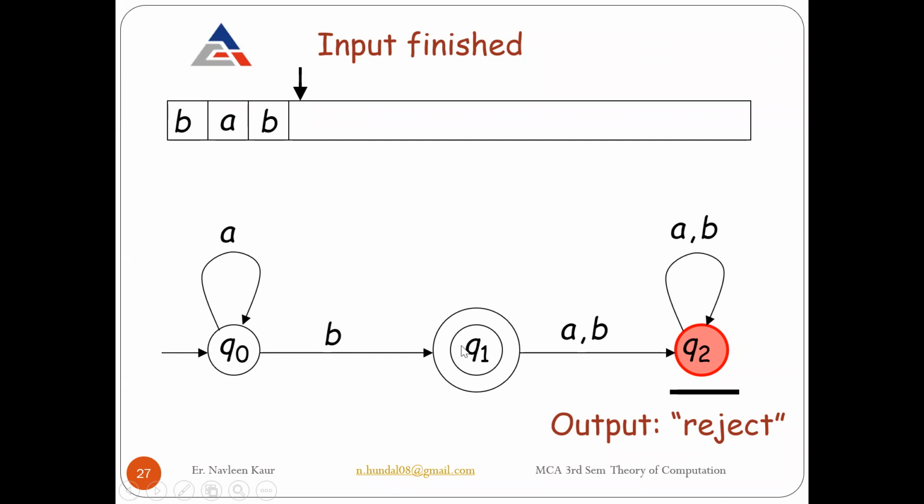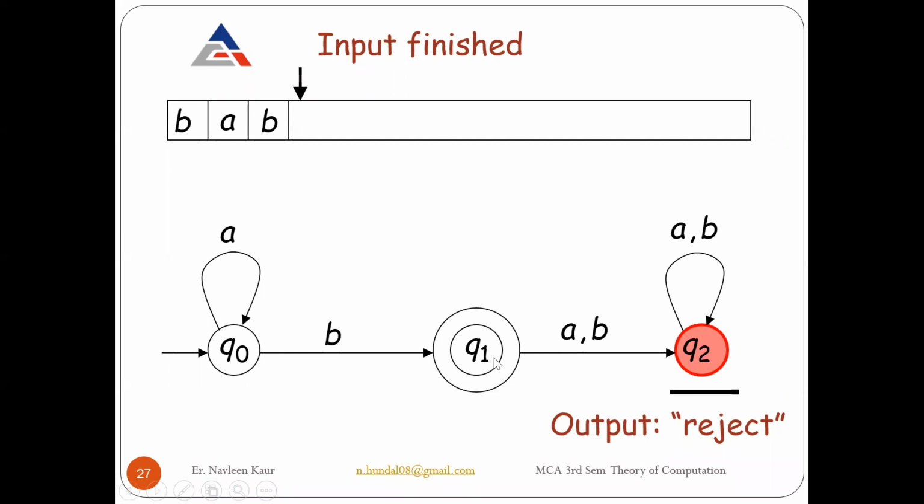This is known as a deterministic finite automaton, where on the basis of the current state and the input you give, you can determine what your next state will be. If Q0 gets B, obviously it will move to Q1. So deterministic means the next state is already determined by the input that you give.